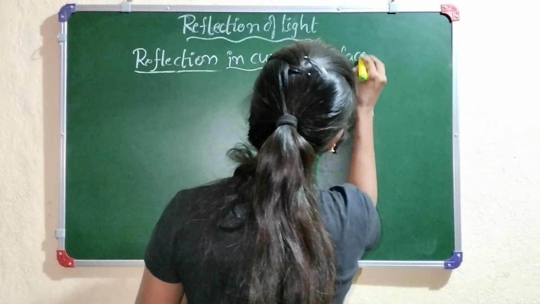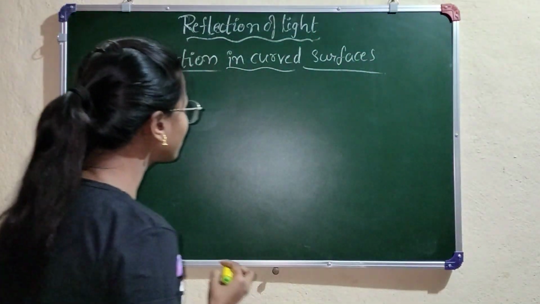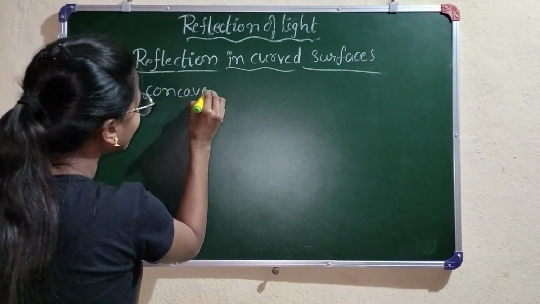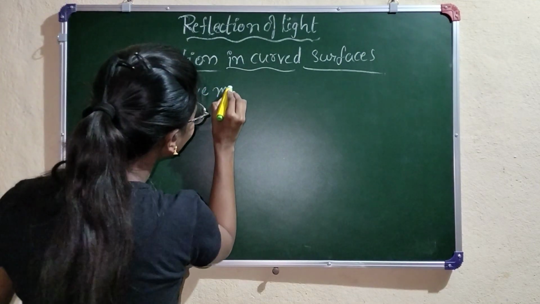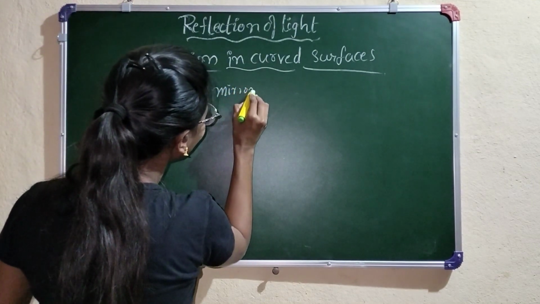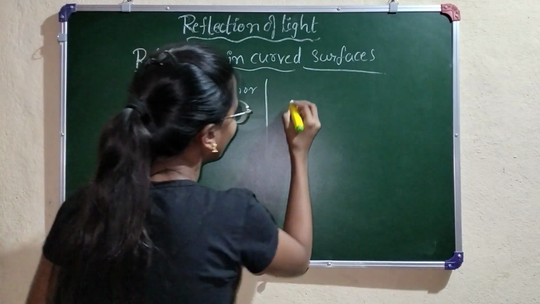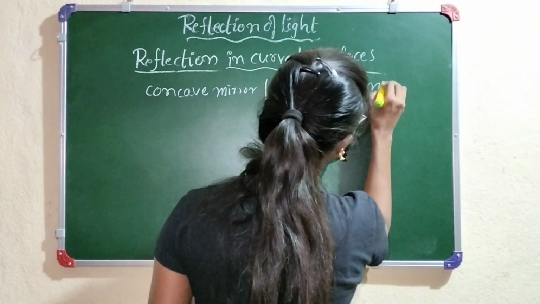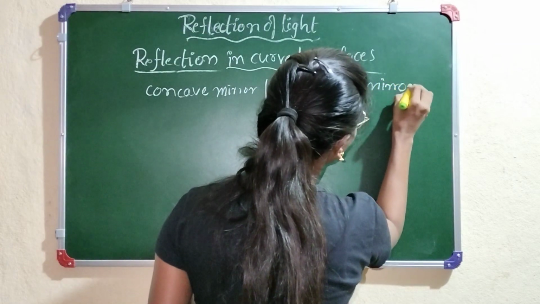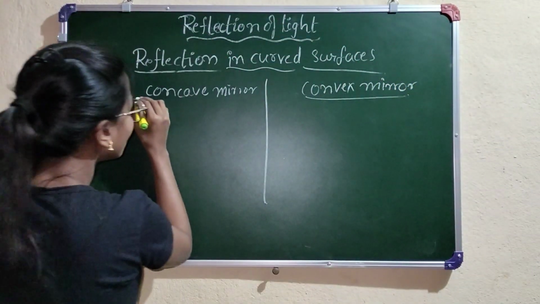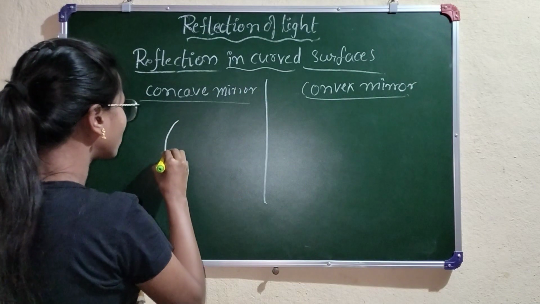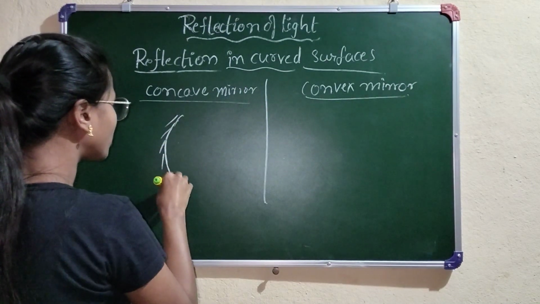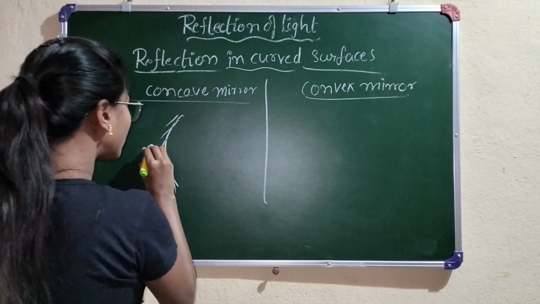Okay, curved surfaces. I have explained about the concave and convex in the last video. Concave mirror and convex mirror. In the case of the concave mirror, if you are taking, it has a pole.